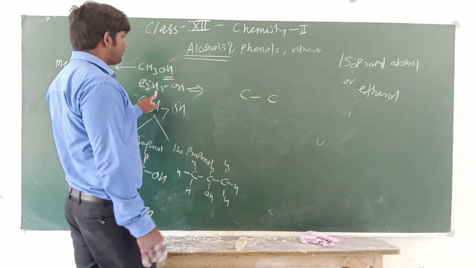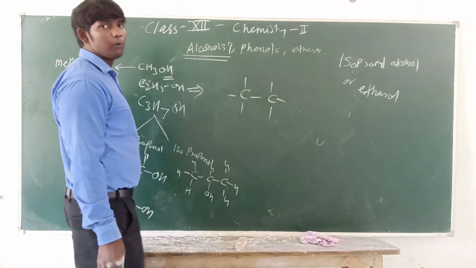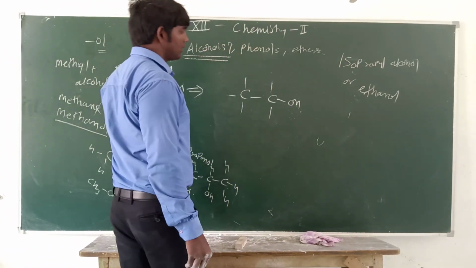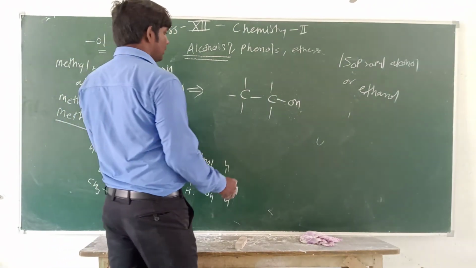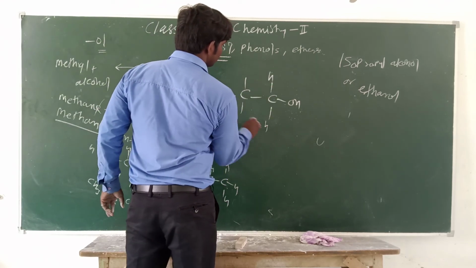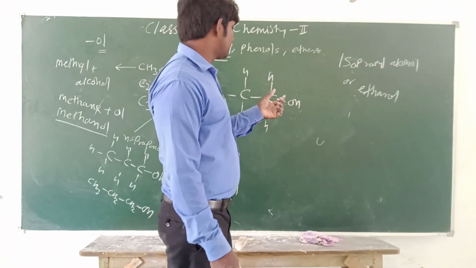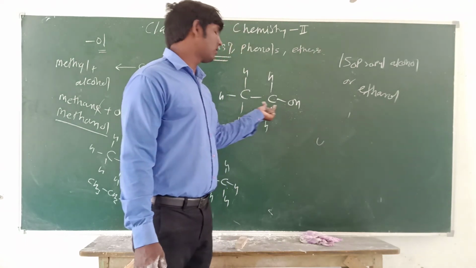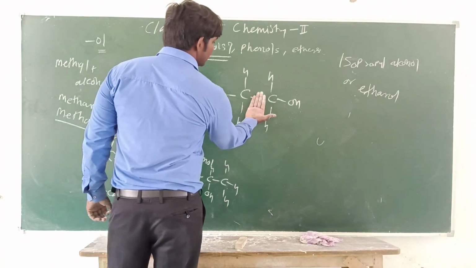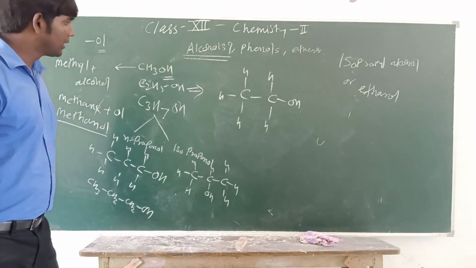Now 5 hydrogens and 1 oxygen. First you write all 4 bonds, and on 1 bond you write OH, and on all the left-over bonds we write hydrogens. See, there are only 2 carbons, so you attach the hydroxyl group on this carbon or this carbon, that is actually similar. You cannot distinguish them because when we invert this framework, the hydroxyl comes this way.